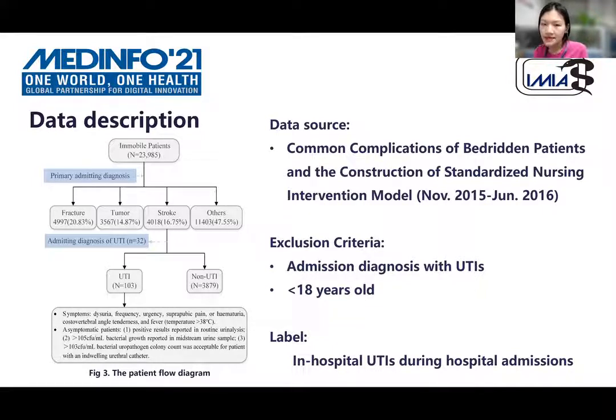This study was based on a nationwide investigation covering 25 hospitals throughout China. We enrolled 4,018 patients from 2015 to 2016. The enrolled patients had a primary diagnosis of stroke at admission, and among them, 3,982 patients were included for further development of the prediction model.